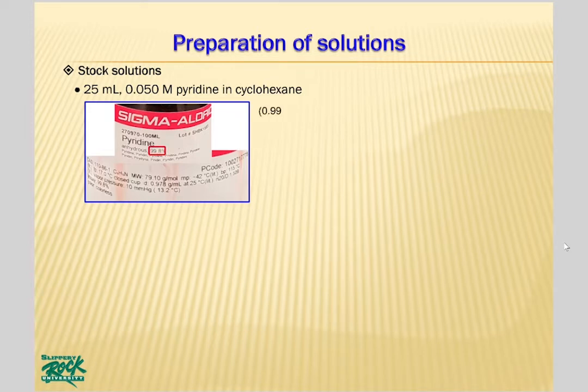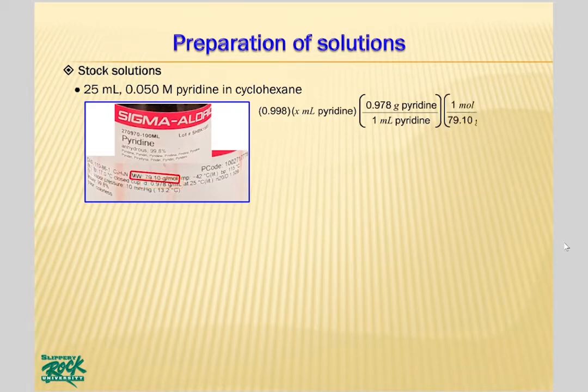Since pyridine is 99.8% pure, put down 0.998. The volume of pyridine to be transferred is set to X milliliters. The density of pyridine can be used to convert the volume to gram mass. The molar mass of pyridine converts the gram mass to moles. Divide the moles by the volume of solution, which is 25.00 milliliters or 0.02500 liters.